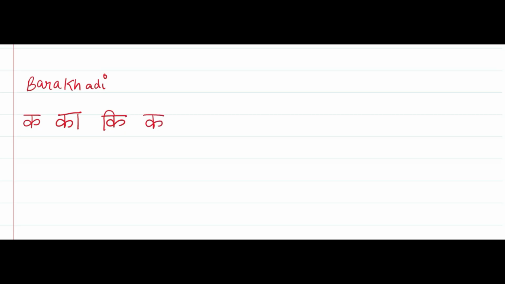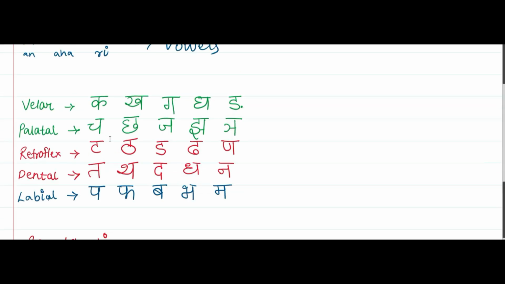And then we have learned kee, on the right and the curve to the vertical line. And then we learned ku. Ku means tail to the left. And then we have learned koo, so tail to the right. So ka, kaa, ki, kee, ku, koo. ठीक है. So far we have learned Barakhadi this many. ठीक है. So let's go forward to more Barakhadis.